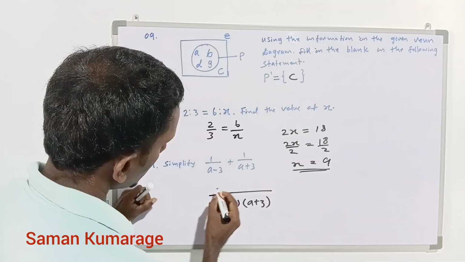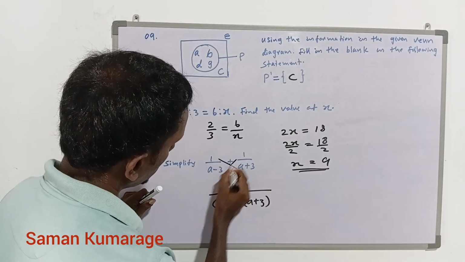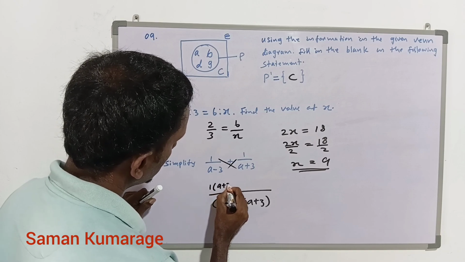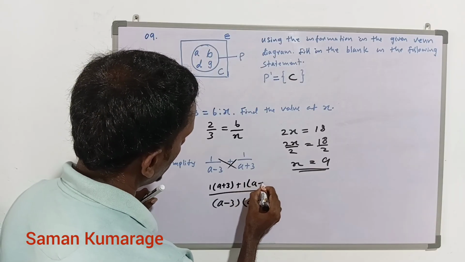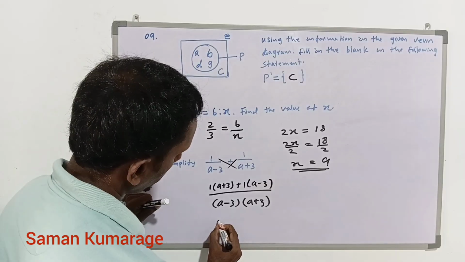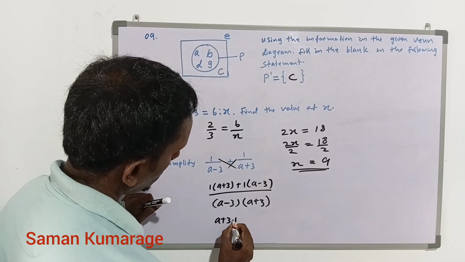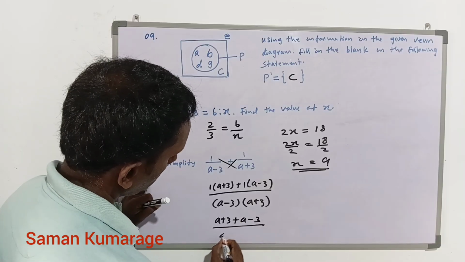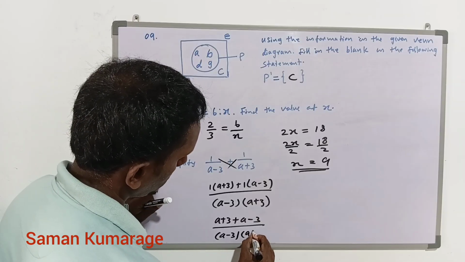So here we cross multiply like this, then we get 1 times a plus 3 plus 1 times a minus 3. Then we get a plus 3 plus a minus 3 over this common denominator.